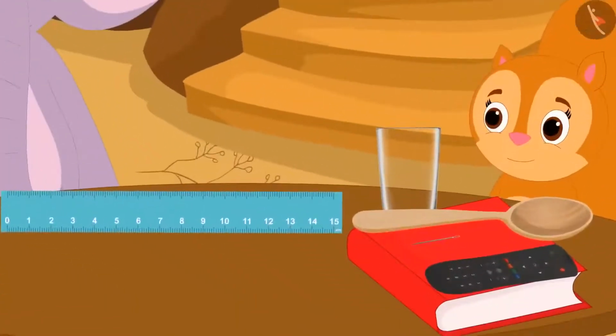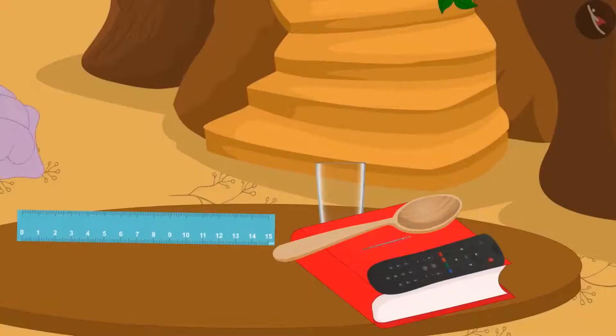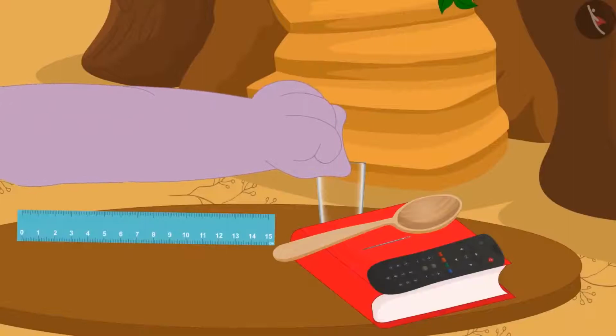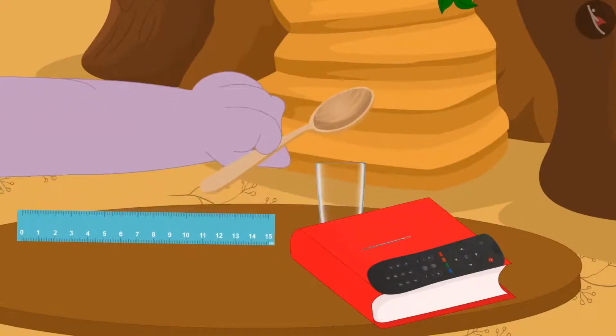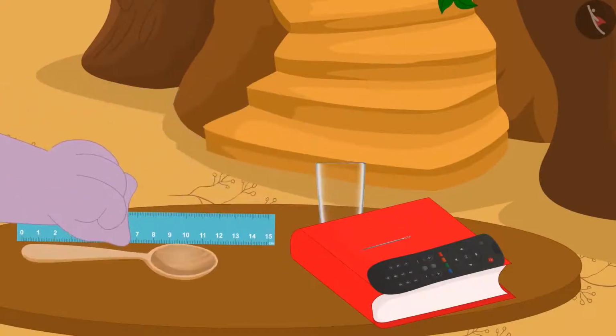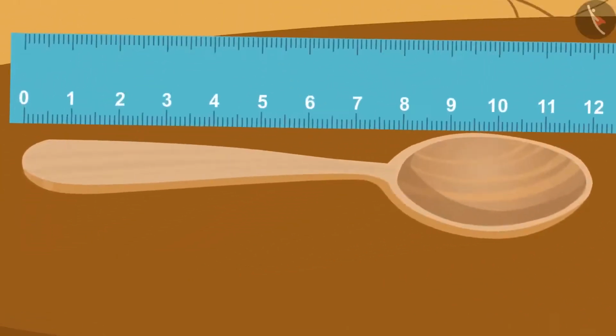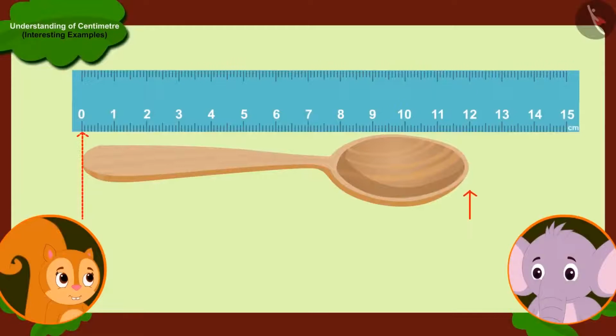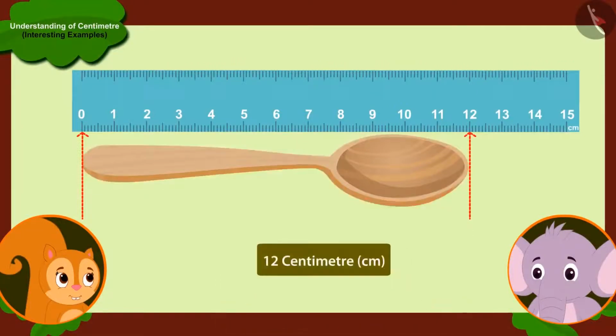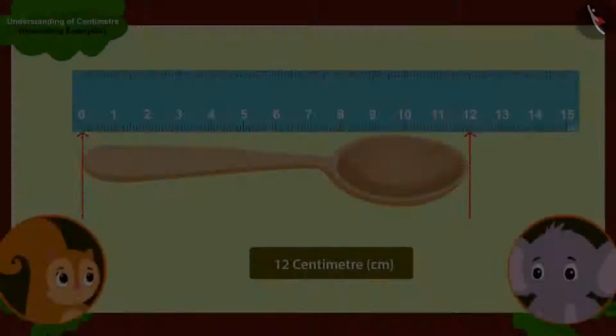Chanda immediately collected those items and brought them. Appu first picked up a spoon of Chanda. He placed the spoon next to the ruler in this way and said, Look, your spoon is 12 centimeters long.